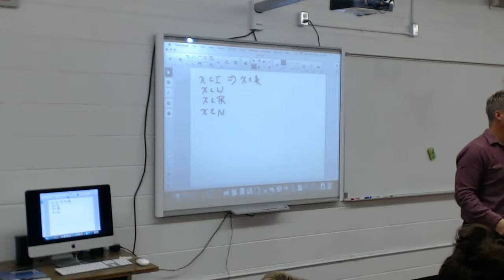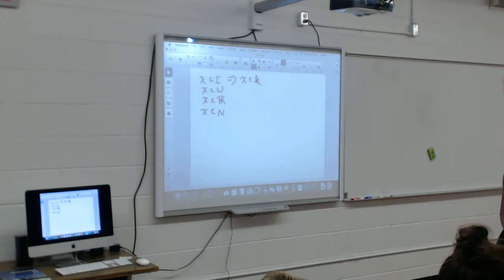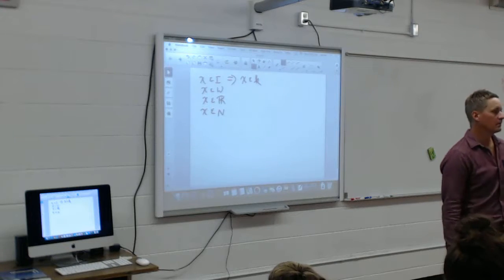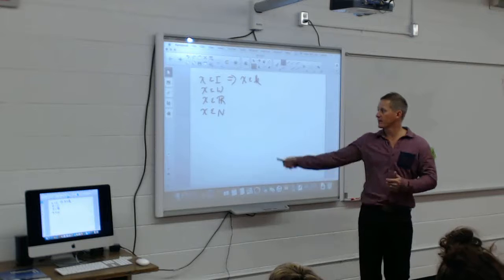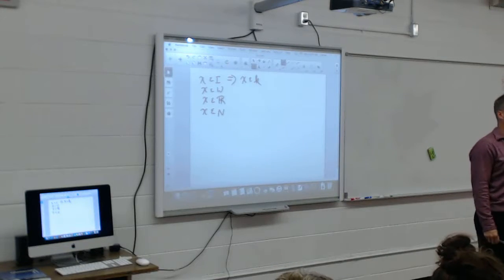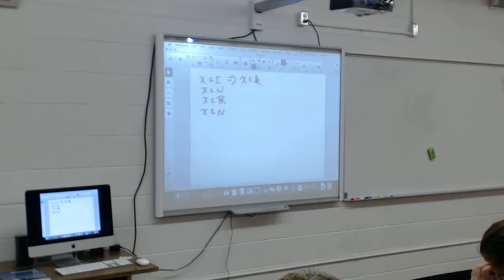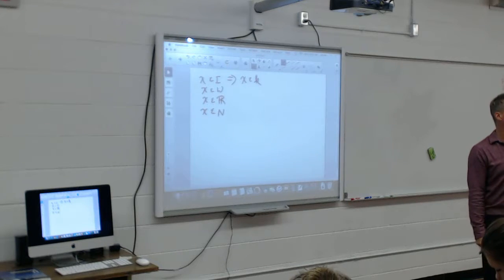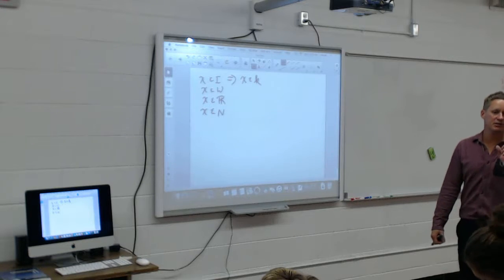So just a quick review then. Natural numbers are what numbers? Place those in order from smallest set to biggest set. Actually, let's do that. Can somebody do that? From smallest to largest, in terms of the number in each set.